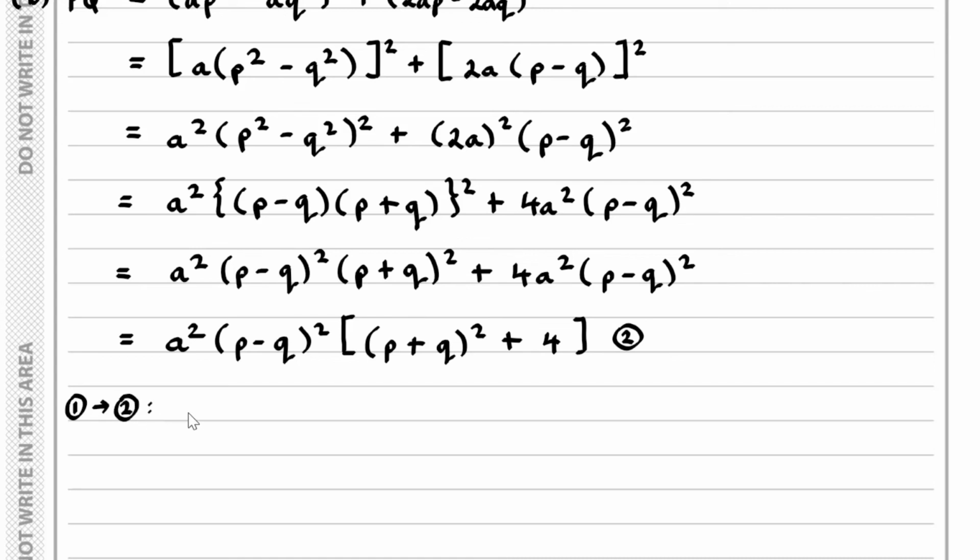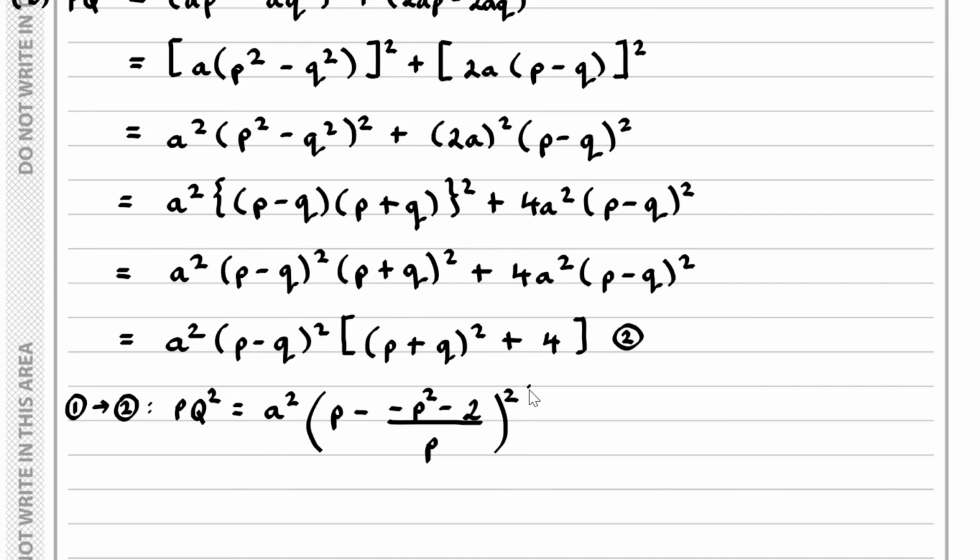into equation 2, then PQ squared will equal a squared, lots of p minus, well here we'd have minus p squared minus 2 over p, all squared.